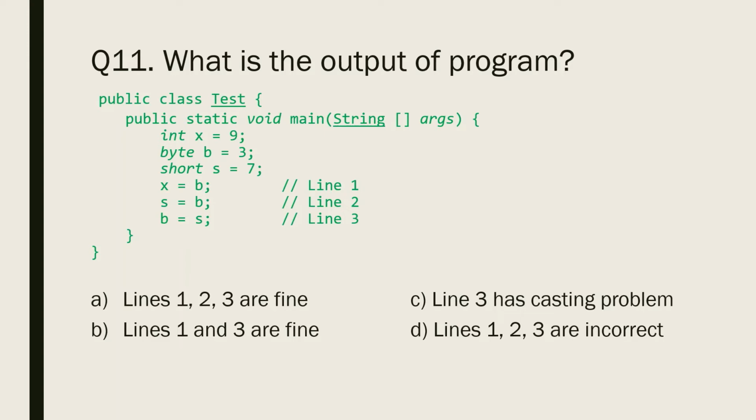We just need to see if these 3 statements on line 1, 2, and 3 are valid, and the program will compile. So choose 1, 2, 3 are fine, 1 and 3 are fine, line 3 has casting problem, line 1, 2, 3 are incorrect.